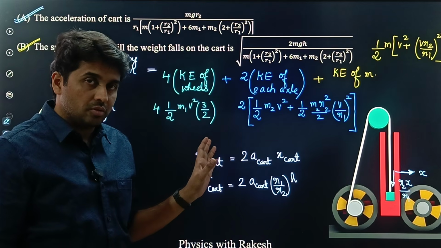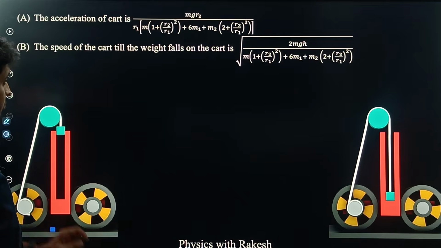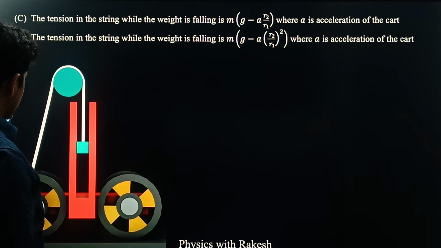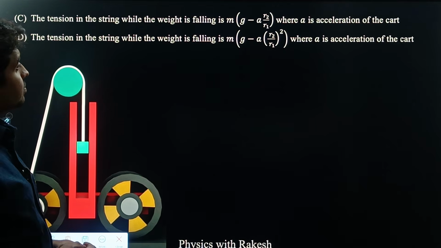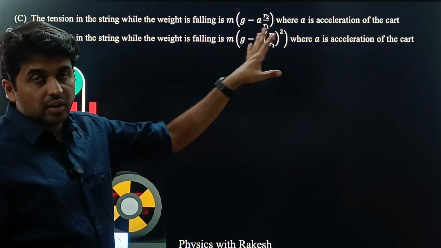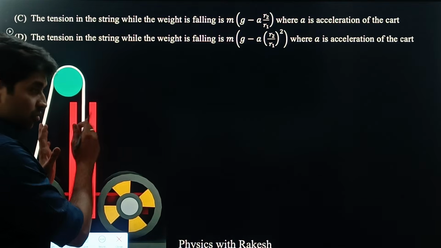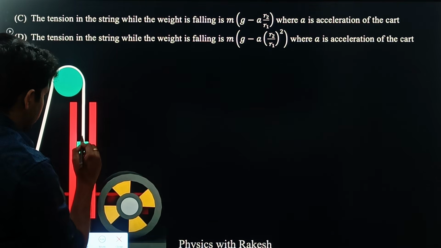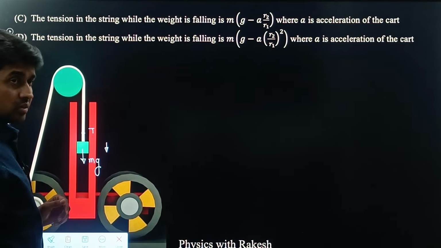Let's move on to the next option. What is the tension in the string if the acceleration of the cart is A? So what all forces are acting on this? Tell me. We have mg, we have tension T, and we have some acceleration downwards.